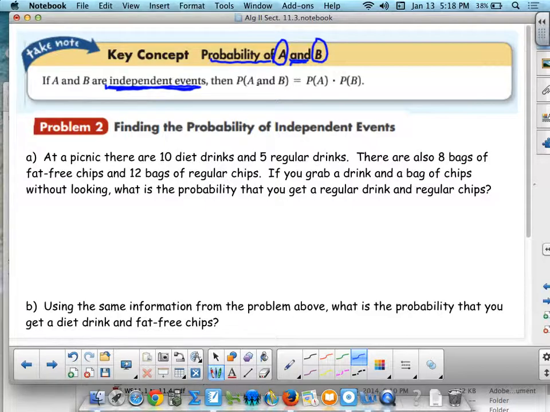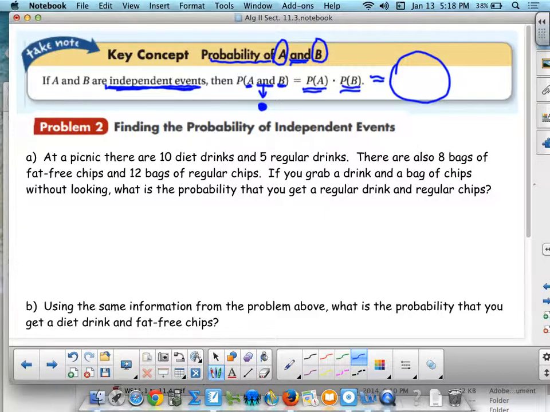And this word "and", when you see what's the chance that A happens and B happens, "and" in probability means to multiply. So you take the probability of A times the probability of B, and you get your probability. So you multiply your two probabilities and you get your answer.